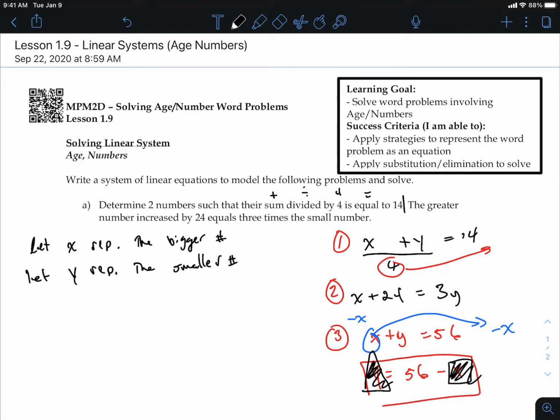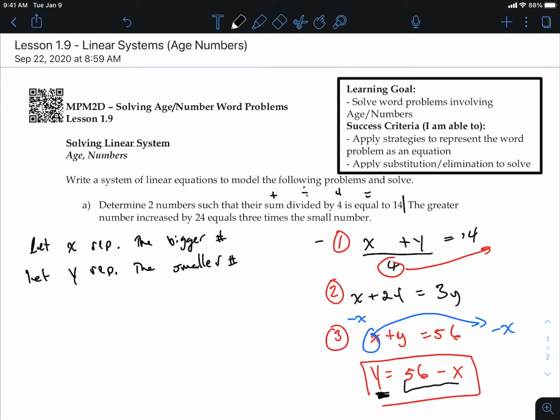And then, since you've isolated in the first equation, you have to use the second equation to solve for the other variable. It's hard to jump back and forth in analogies. So, I have what y is equal to.